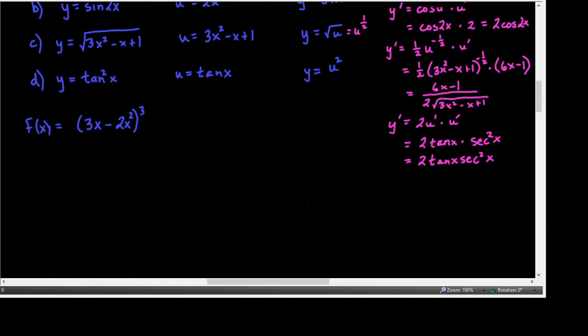In other words, do the cubing, get a polynomial answer and take the derivative of that polynomial answer, and that's perfectly legitimate. And that wouldn't be bad with cubing. You might make some mistakes along the way because you might not be as good at cubing a binomial as squaring.